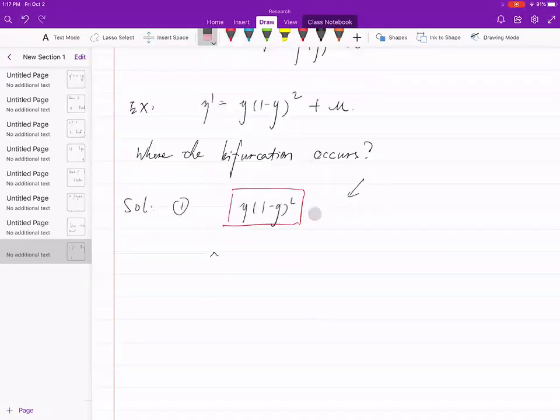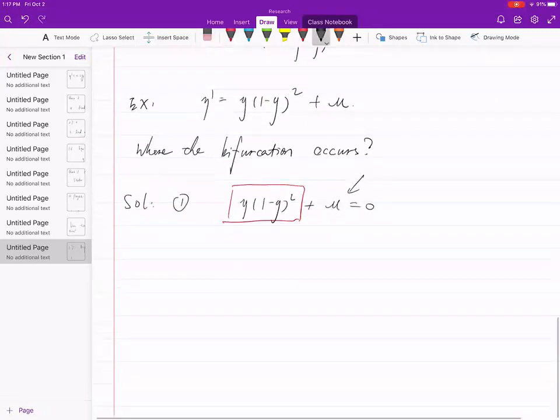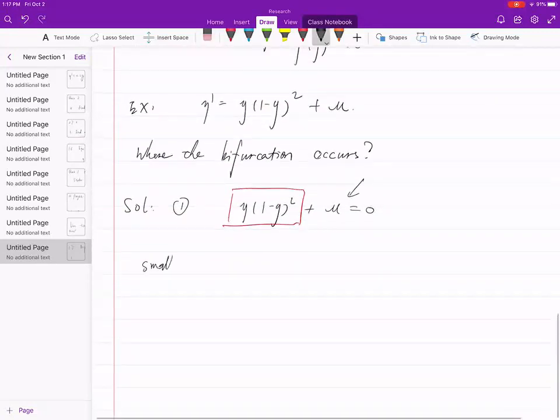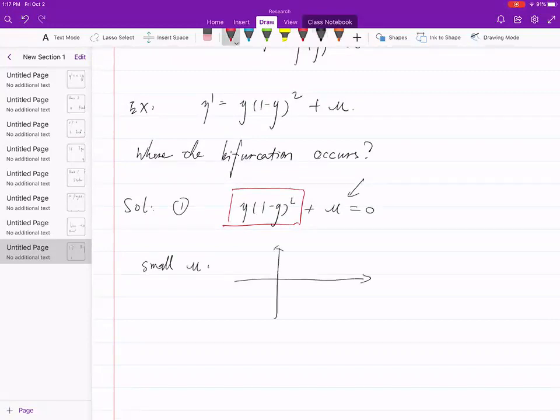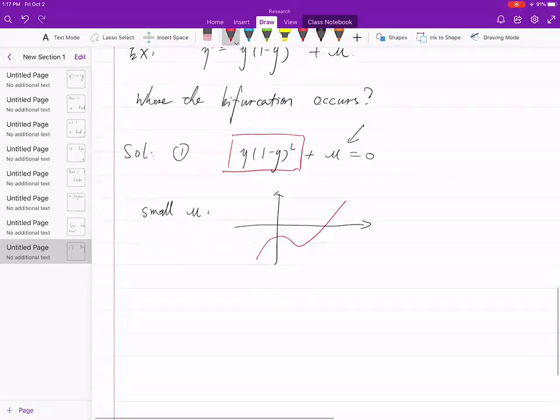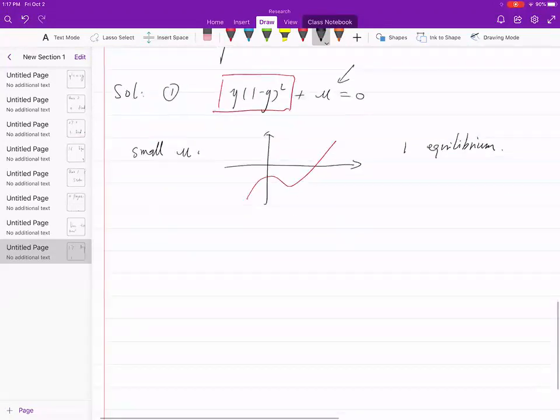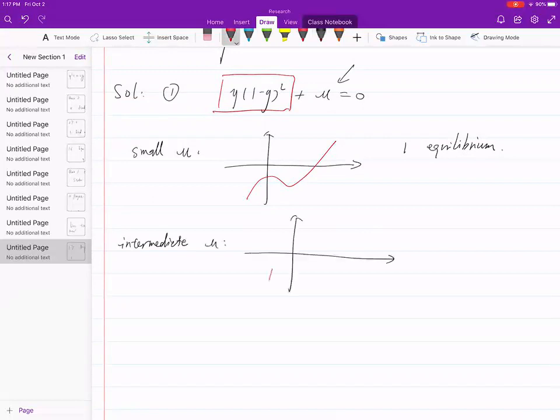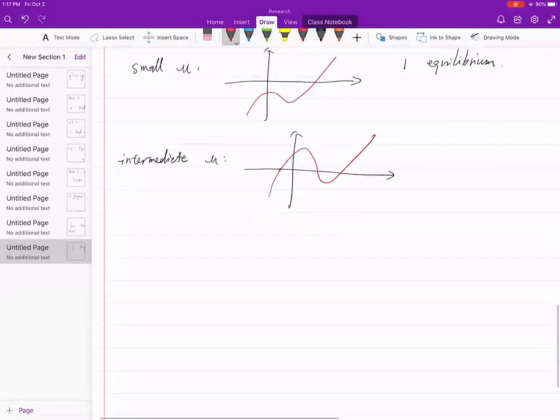Let me draw all of them. For small mu, which means negative mu, this is the case: one equilibrium. For intermediate mu, it's like that: three equilibriums.